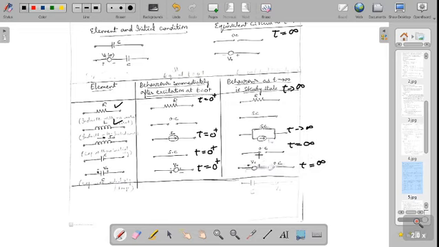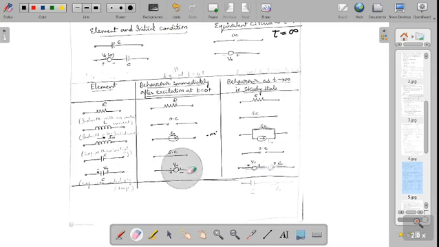Make a note of this table and make sure you know the conditions properly. It is very important to remember this table in order to solve the problems.